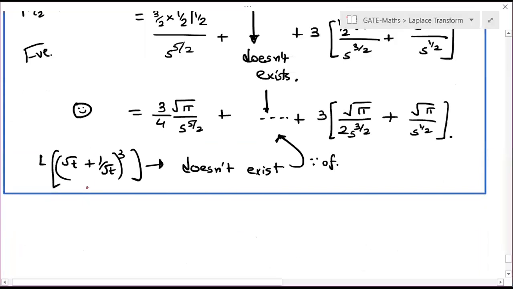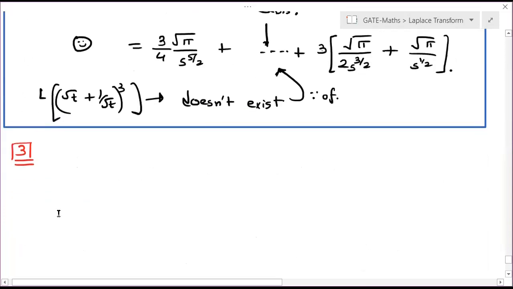Now, question number 3. Today morning we have seen till question number 2.